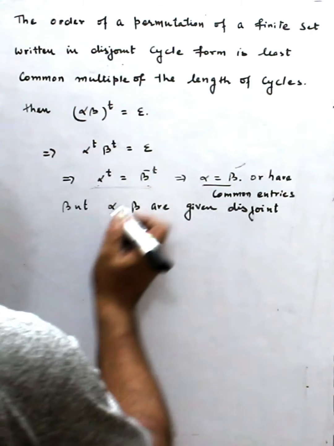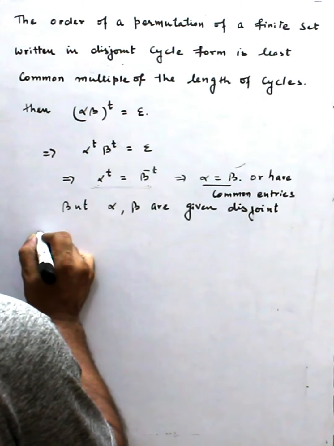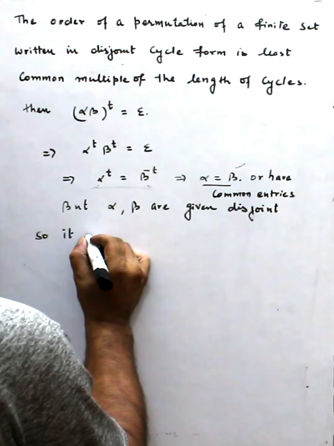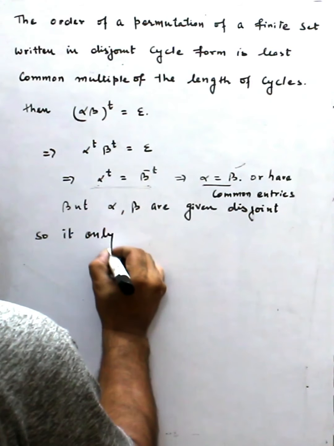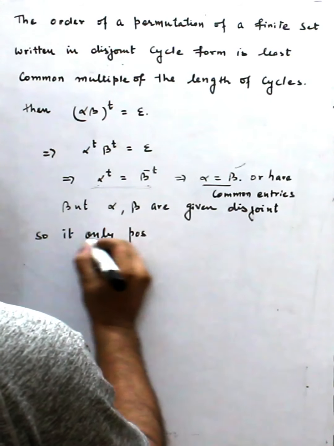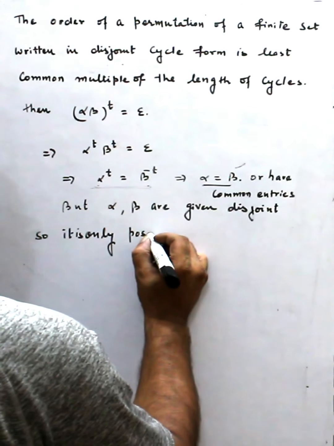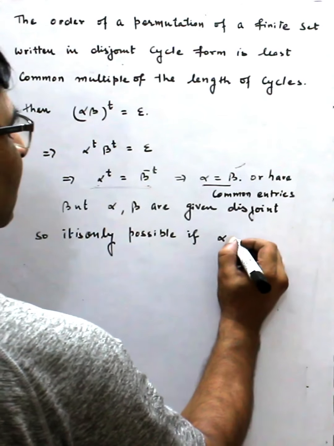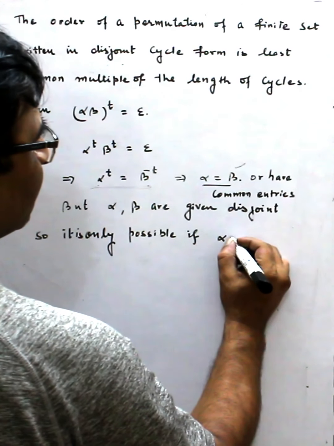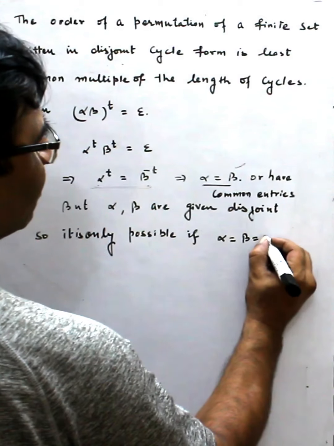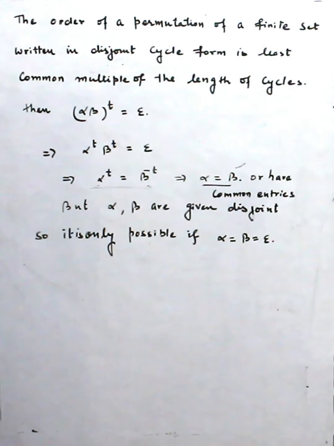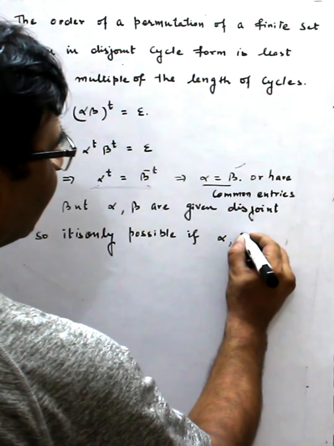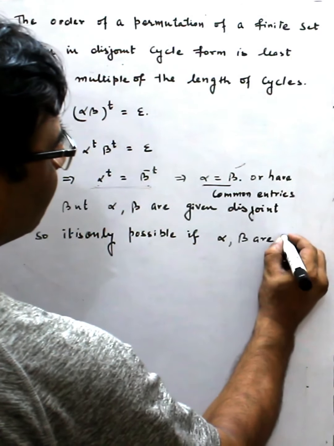So this is only possible if alpha is equal to beta is equal to identity.